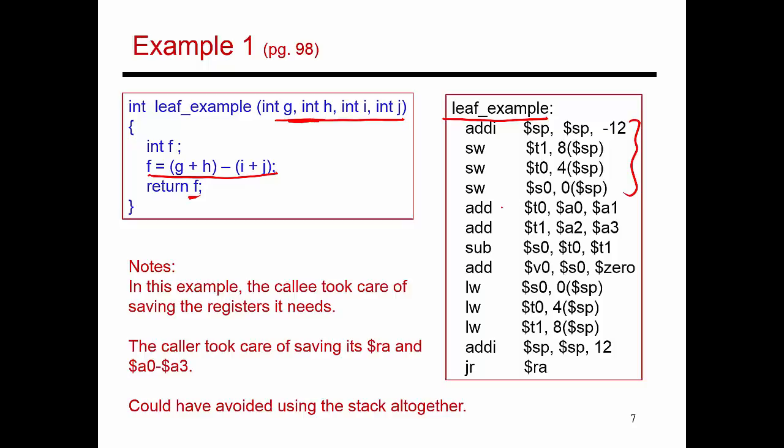So I add A0, A1, and place the result in a temporary register T0. Then I add the next 2 arguments, A2 and A3, and place the result in a temporary register T1. And then I subtract the 2, T0 minus T1. The result is what corresponds to F. I've decided to create a register S0 for F, since this corresponds to an actual variable, so I'm going to use an S register for this instruction.